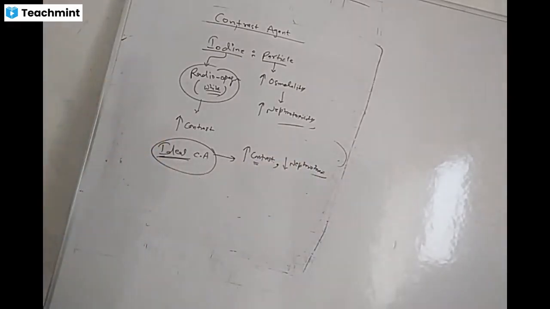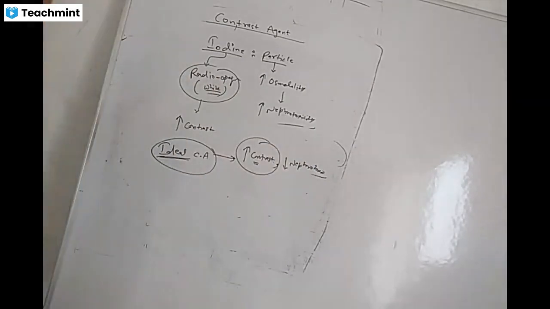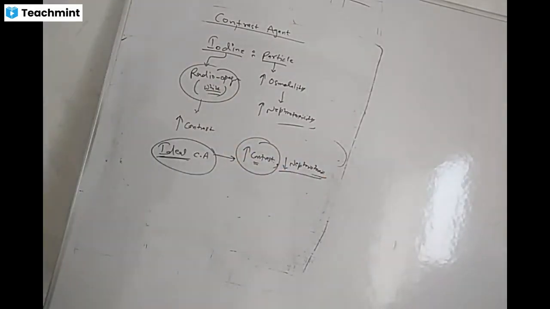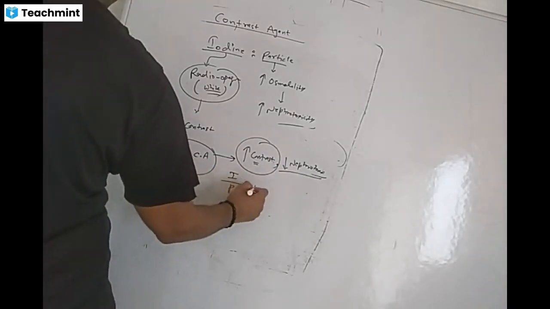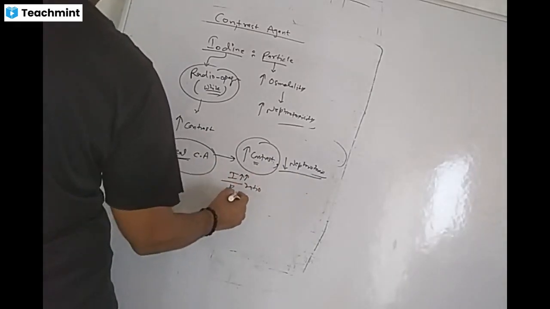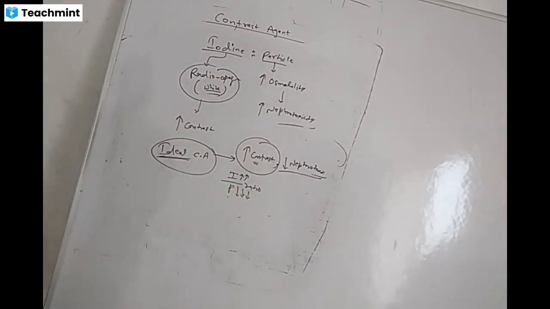So whatever agent we are using, our requirement should be giving more contrast and causing less toxicity. It means the iodine to particle ratio: more iodine is needed and fewer particles are needed.